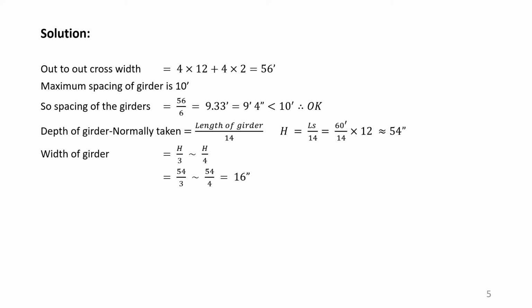Depth of girder is normally taken as there is a limitation. It is not the ordinarily taken. If there is a limitation, the depth of the girder should not be less than length divided by 40, and that is why I have denoted the height of this beam as h, and ls is the length of the girder.